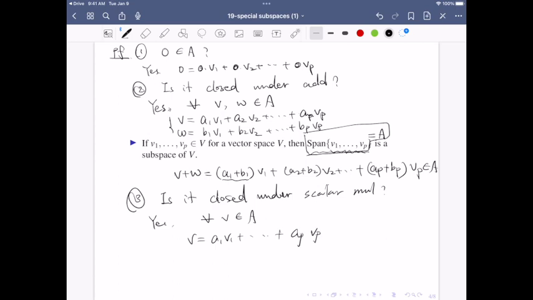If you multiply v by c, any scalar, this can again be written as c a1 v1 up to c ap vp. So those are the coefficients or weights for this linear combination. That means this is in A. So we're done.